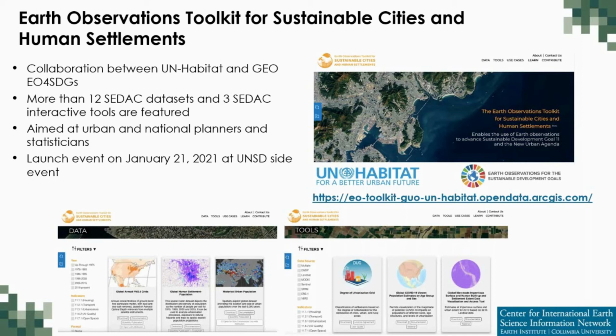There's, of course, a lot of our CDAC data, but also tools developed by partners around the world that are helpful or hopefully important for local urban planners and other decision makers at the local, regional, national level to improve not just the indicator assessment, but decision making related to sustainable development.